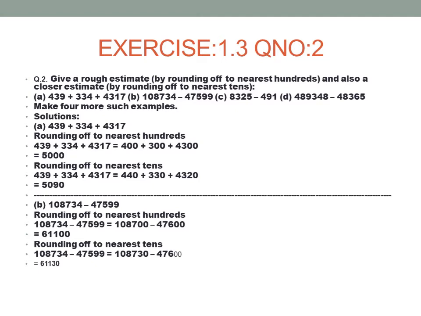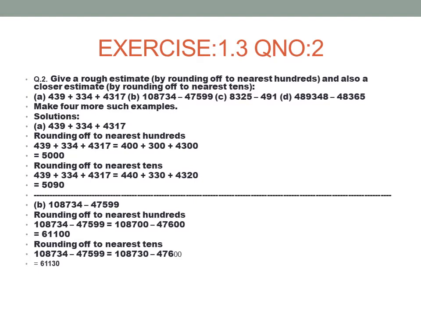So, we will change this number to the 1,08,700. Here 47,599. 599 is near to the 600. It lies between 500 and 600, but it is near to the 600. So instead of 599, we will write 600.